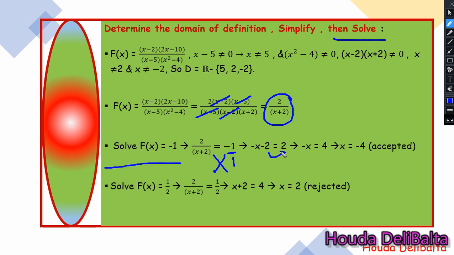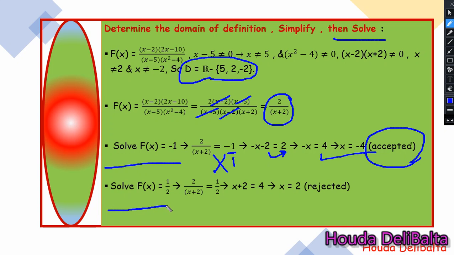Now taking 2 to the other side, then minus x is 4, so x is minus 4. Why did I write accepted here? Because if you look at the excluded values, they are 5, 2, and minus 2. And since minus 4 is not among these values, that's why I say minus 4 is accepted.